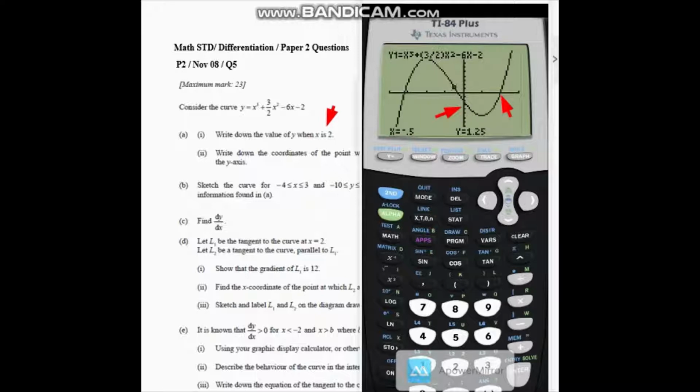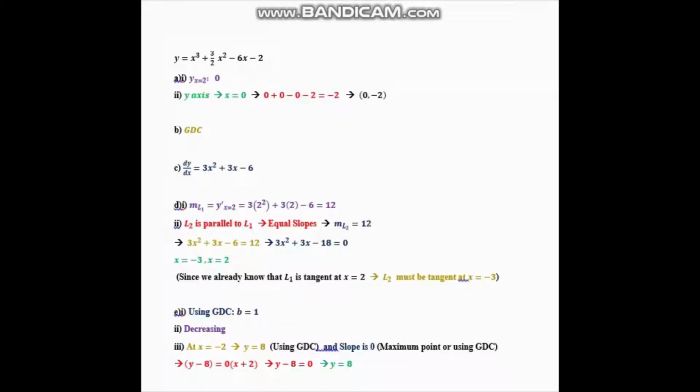So you need to indicate the coordinates of these 2 points indicated by the 2 arrows on the GDC in red. In question C, I'm required to find dy by dx. So I simply differentiate this black function right there, obtaining the function in blue. This is the derivative function.